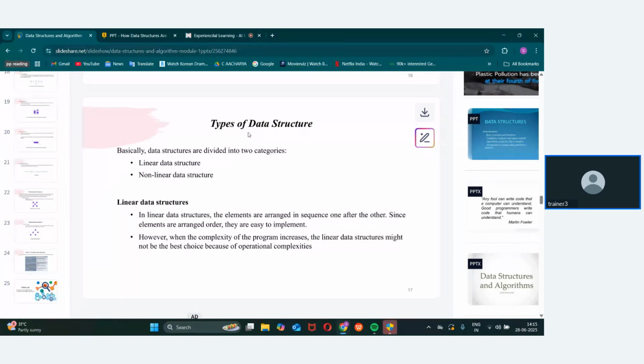In linear data structures, elements are arranged in a sequence, one after another. Since elements are arranged in order, they are easy to implement. Why? Because it is sequential.